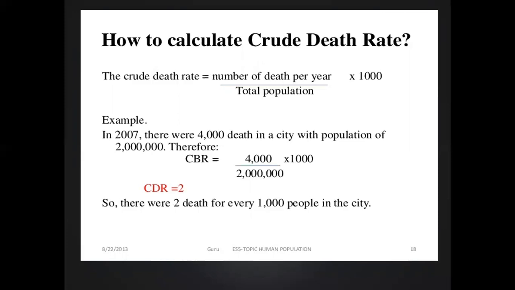Here the number of deaths equals 4000 and the total population equals 260. Therefore, the crude death rate equals 2. So there were 2 deaths for every 1000 people in the city.